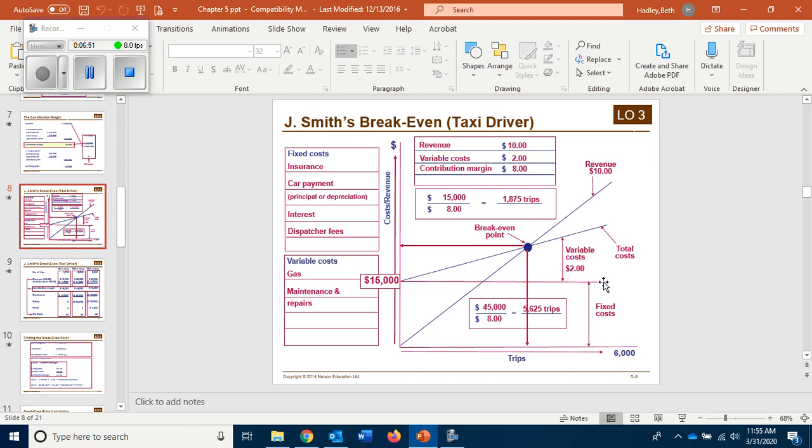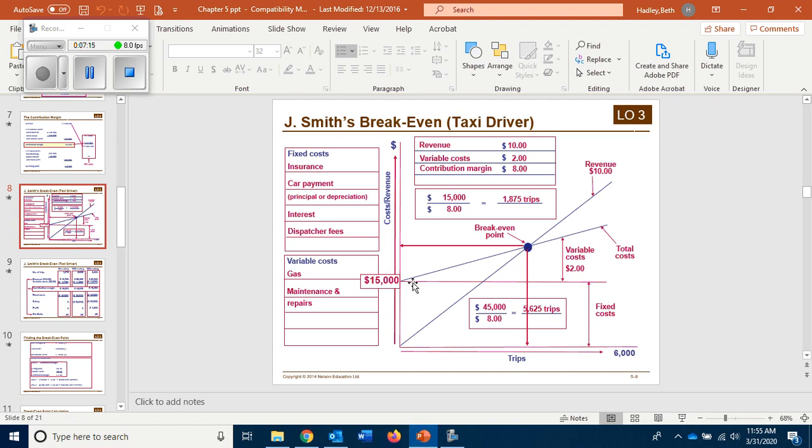No matter what, you've got to pay that $15,000. Revenue is $10 per trip, which is what we charge our customers, with variable costs of $2 per trip.